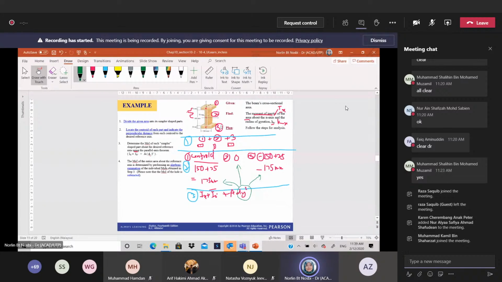And then for Ix, how do you want to find the Ix? Oh, this one is not plus, it's equal. So for area, there's an area 1, 2, 3, and then the Ix. How do you want to find the Ix?